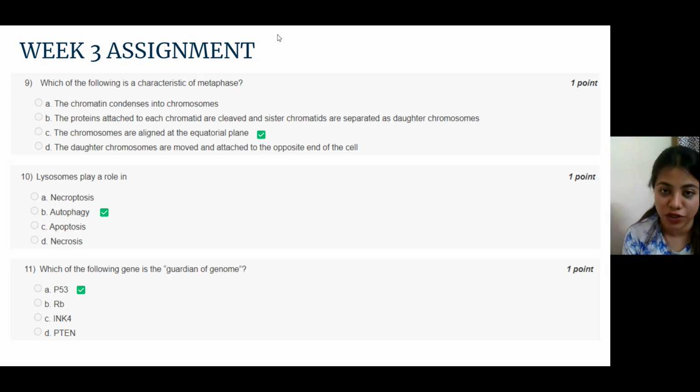Now, this is actually a very commonly used terminology for one particular gene, which obviously, as you can see in the answer, is P53. So why this name? Why is it called the guardian of the genome? The reason is the entire process of cell division and particularly of genome maintenance.